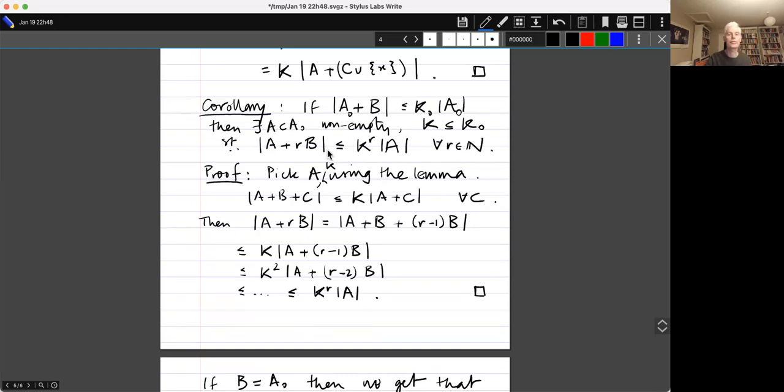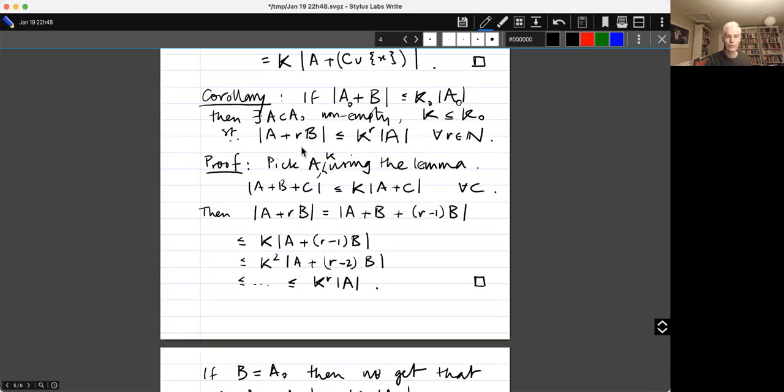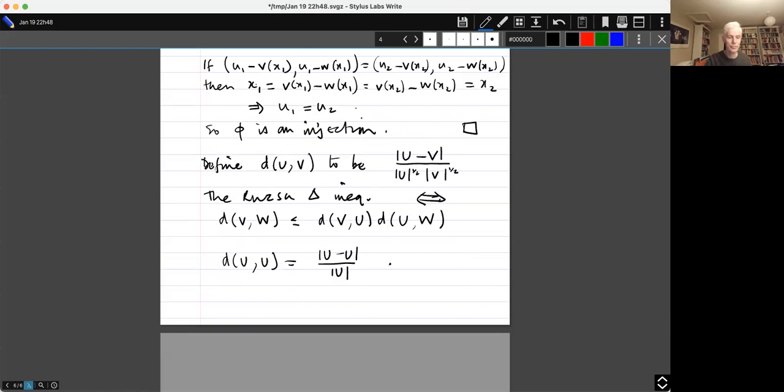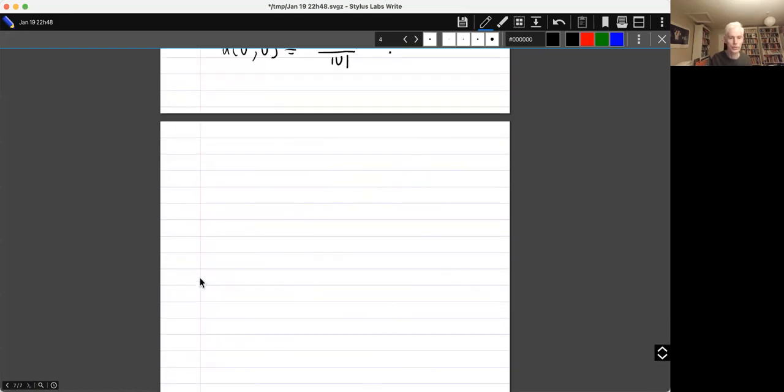We're going to look at the size of RB minus SB. This is telling us that A is sort of close to RB, and then our S is another integer, so we'll get that A is close to SB, and then using the triangle inequality we'll get that RB and SB must be, so to speak, close to each other. So here is the more general version of Plünnecke's theorem that I promised earlier on.